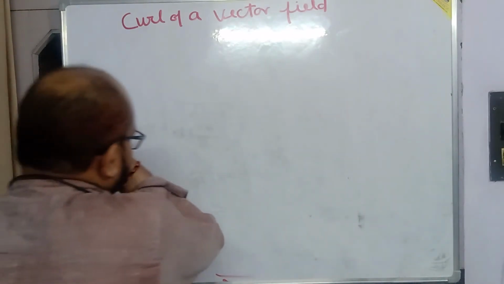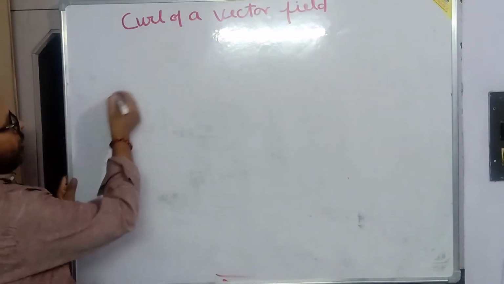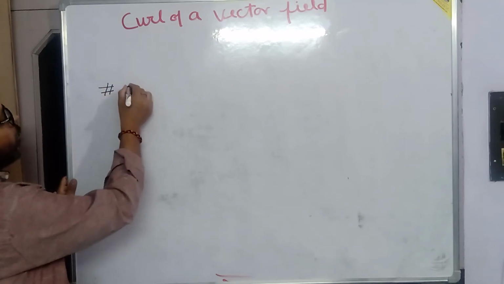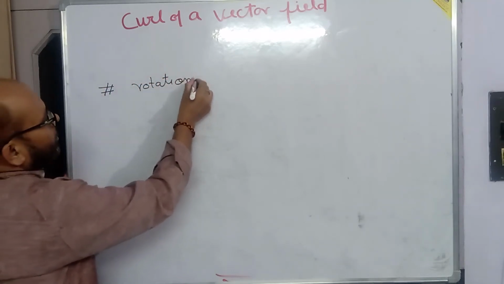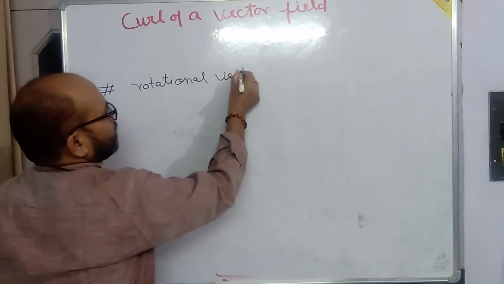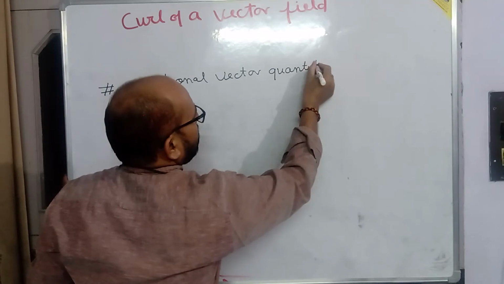So at some point, the curl of a vector is simply a rotational vector quantity.